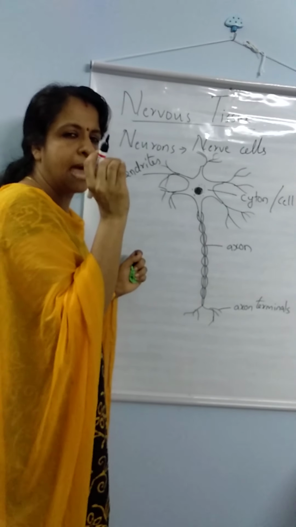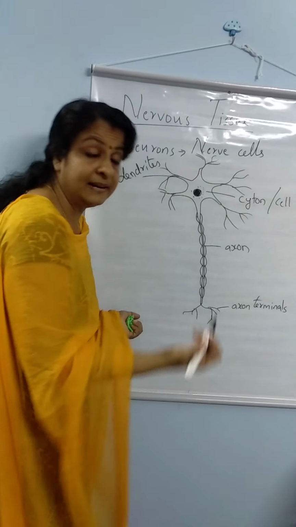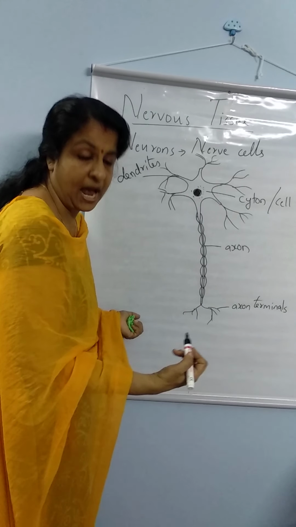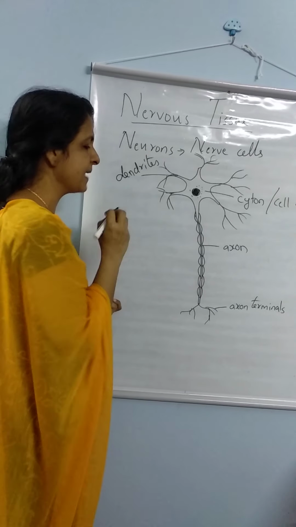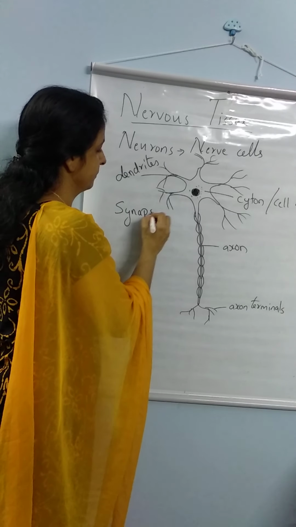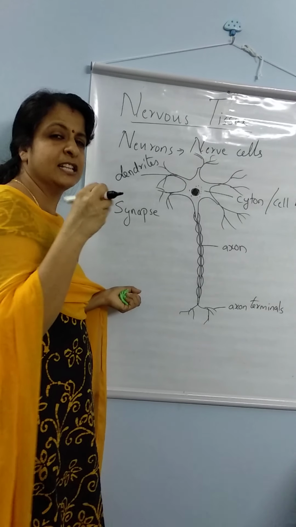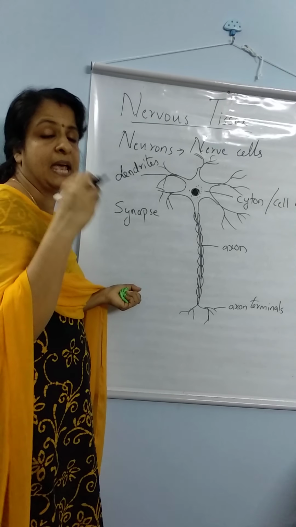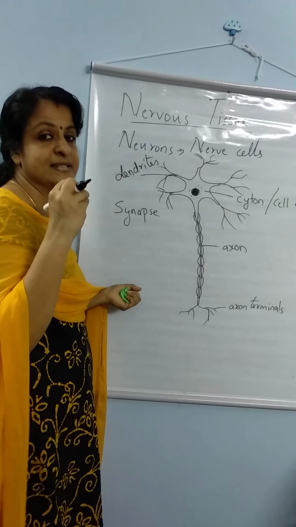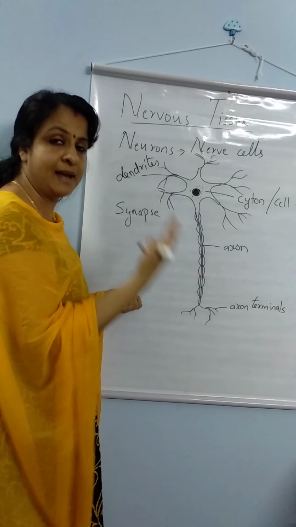There is a short microscopic gap between the axon ending of one neuron and the dendrite of the next neuron, called the synapse. Chemical substances called neurotransmitters are released, by which the message is passed on to the next neuron. You can study this in detail next year.